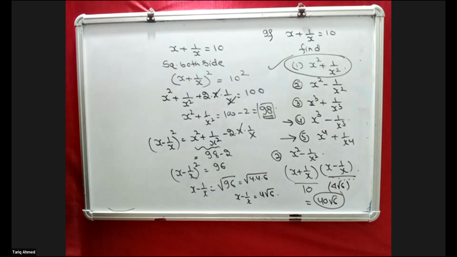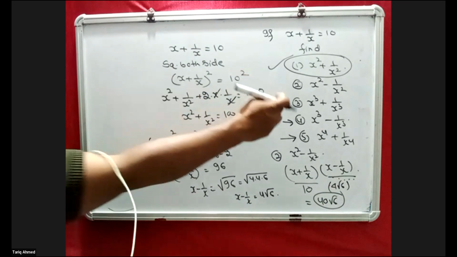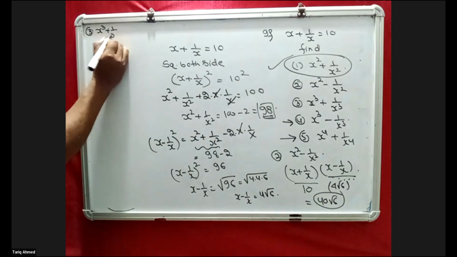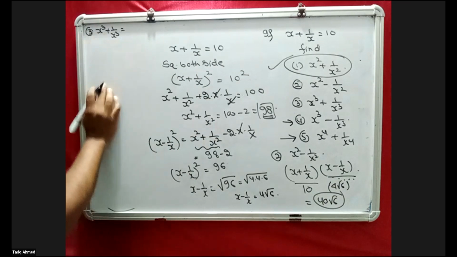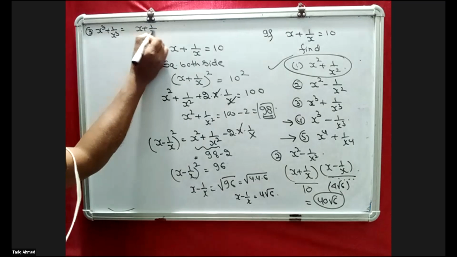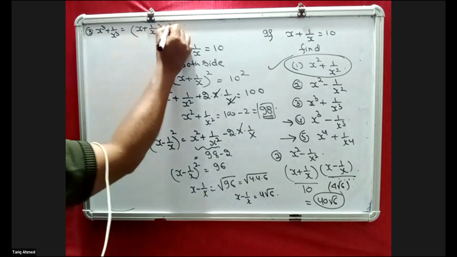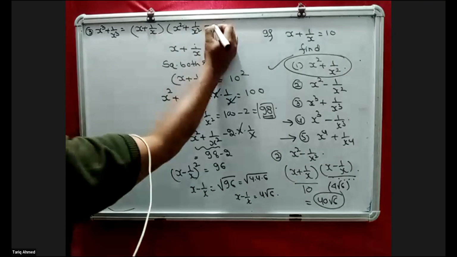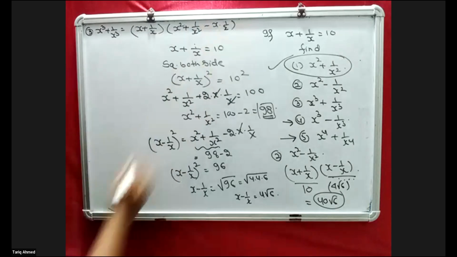Getting? Yes. Okay. Now see, the third one, x cube plus 1 by x cube. Here we have to use the identity a cube plus b cube. So its identity is (a plus b), x plus 1 by x, then a square plus b square minus ab, x into 1 by x.